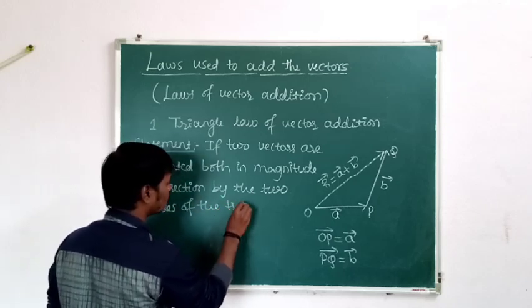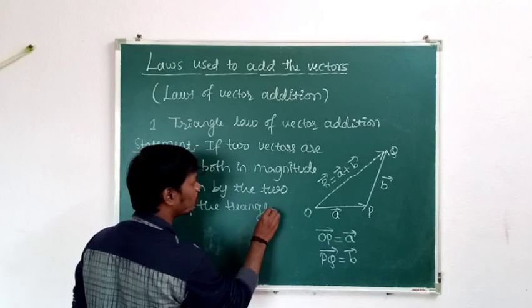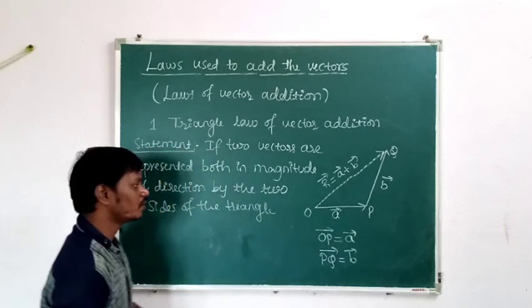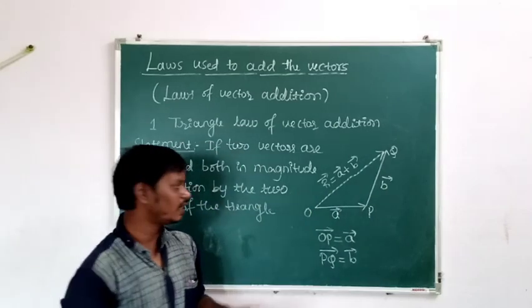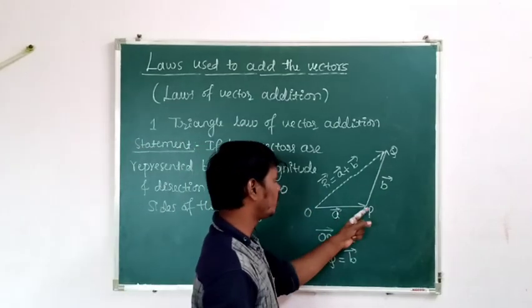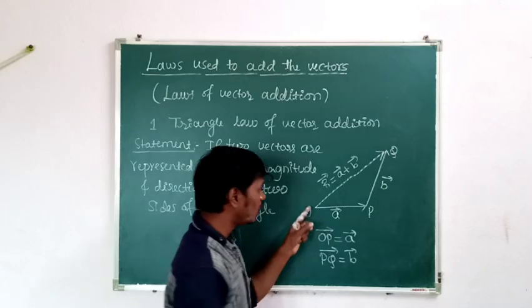So which is the triangle here? OPQ is the triangle. OP and PQ are the two sides of the triangle, and OP represents vector A and PQ represents vector B, and both are taken in the same order.